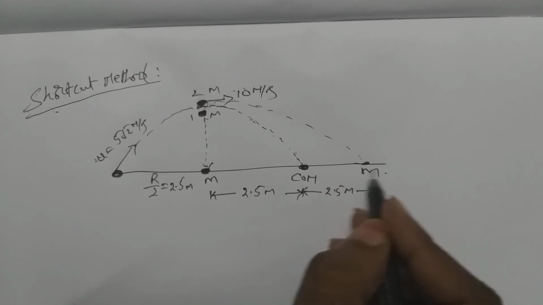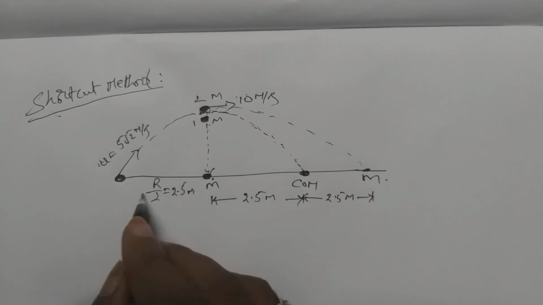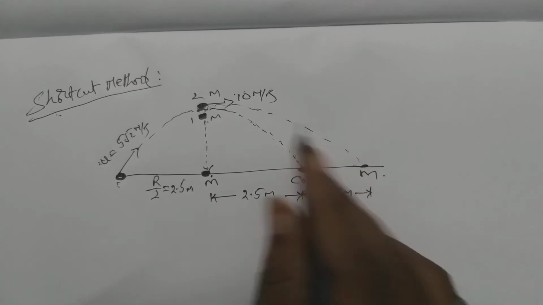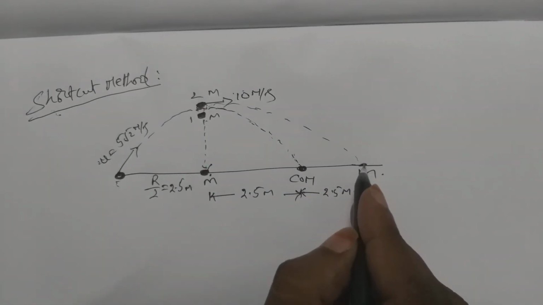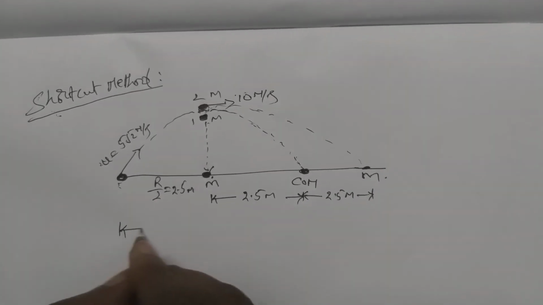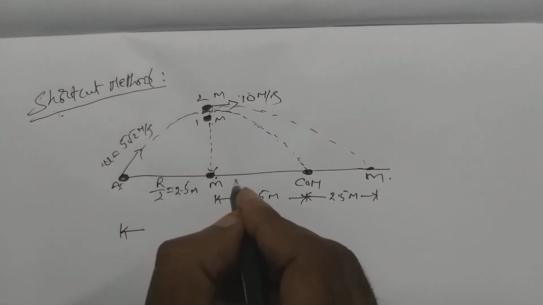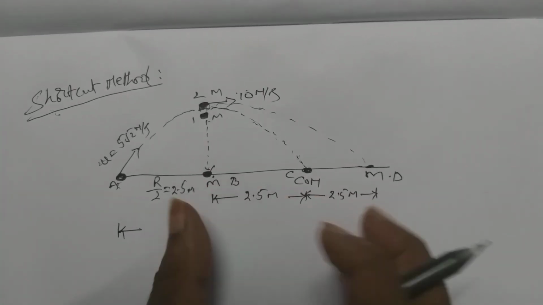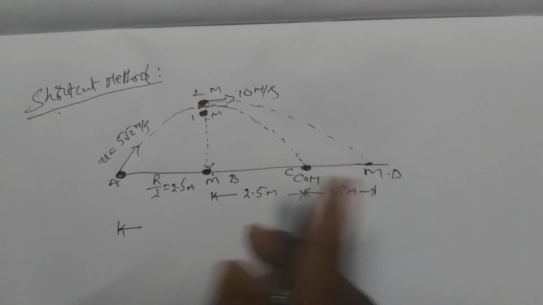So from the point of projection to the point where the second particle lands after splitting, suppose this is A, this is B, this is C, this is D. The total distance is 2.5 plus 2.5 plus 2.5.